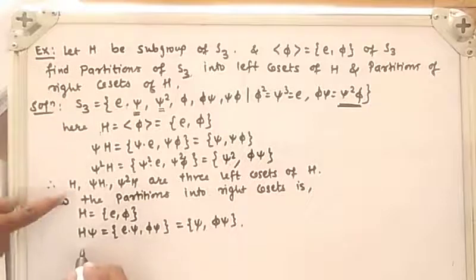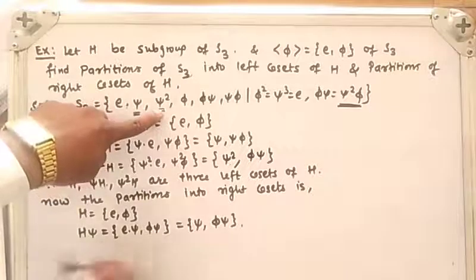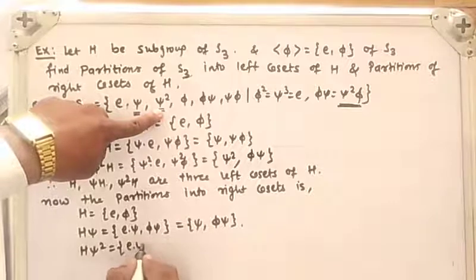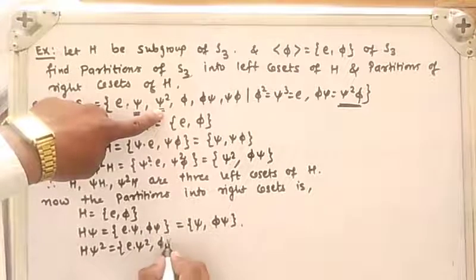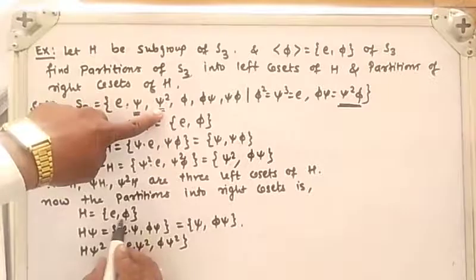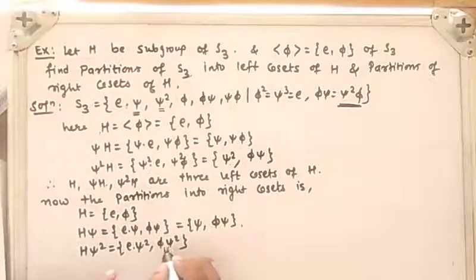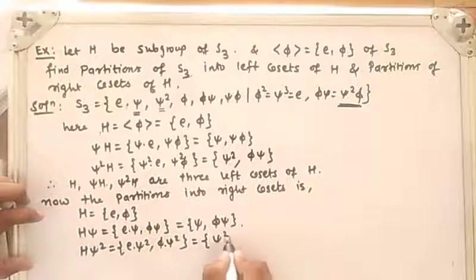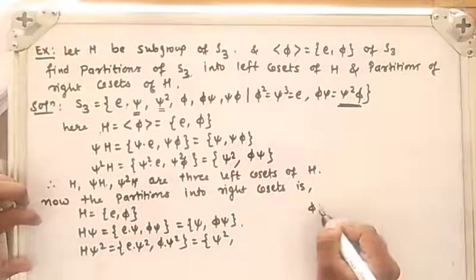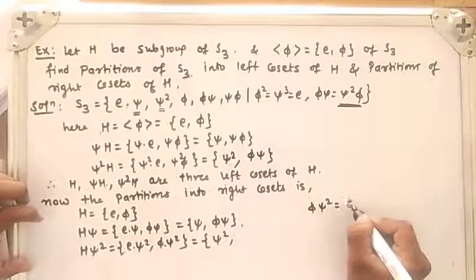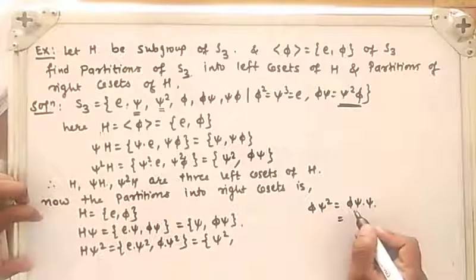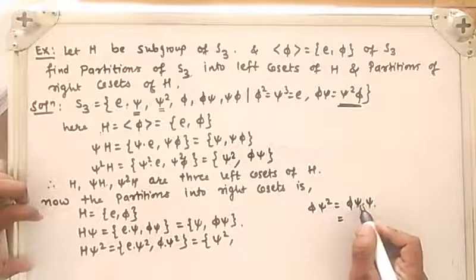Next I will multiply the next element psi square on the right hand side. So H into psi square is identity into psi square and phi into psi square, right? So identity into psi square is psi square, and we know that phi into psi square can be written as phi into psi into psi.